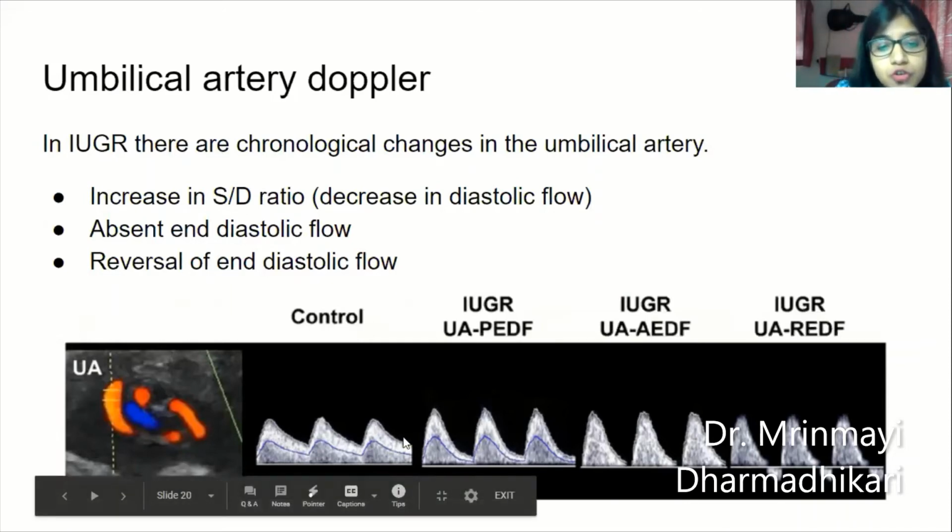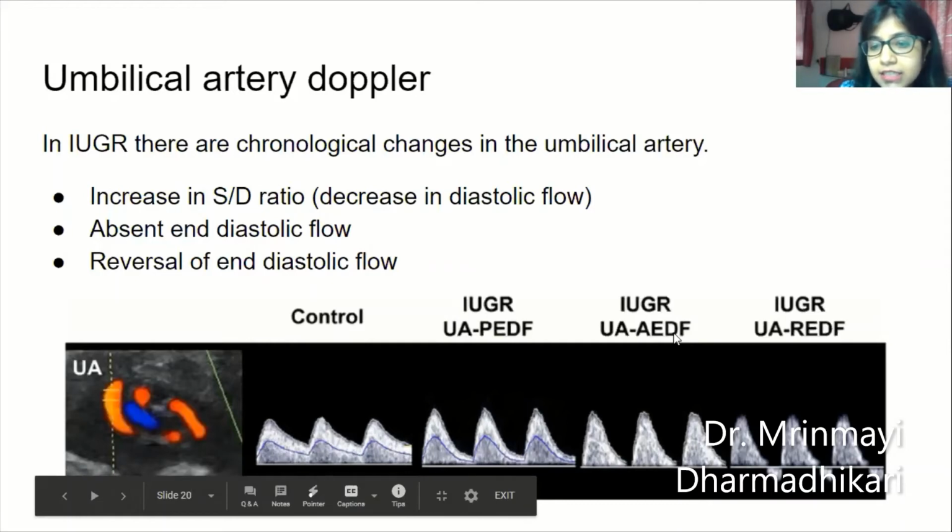So this first picture shows you the control, that is normal flow in umbilical artery Doppler. The peak is the systole, the trough is depicting diastole. So increased flow in diastole, increased flow in systole. When placental resistance increases, diastolic flow in the umbilical artery decreases.